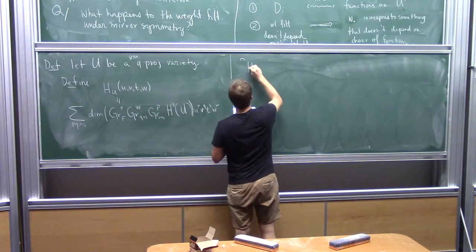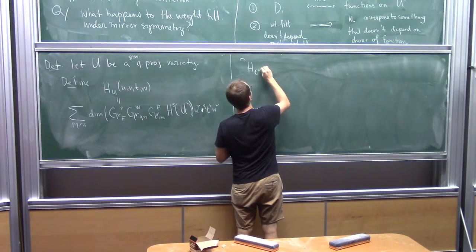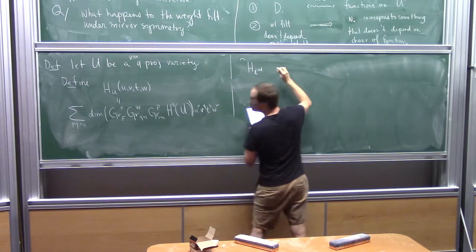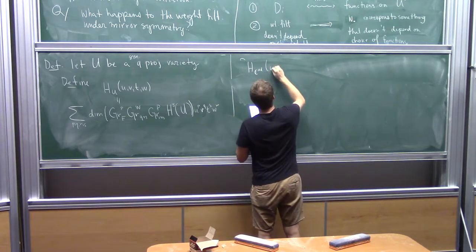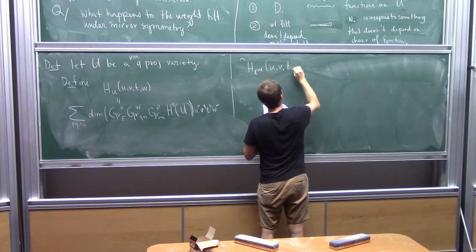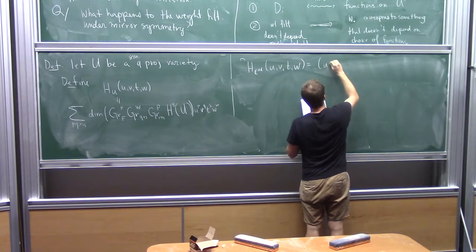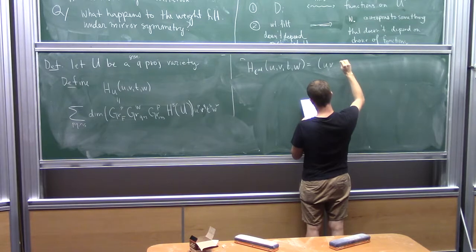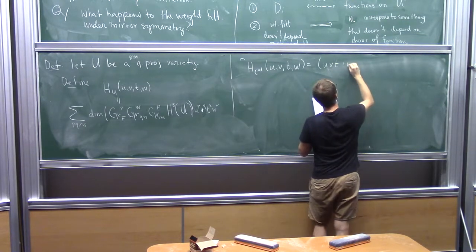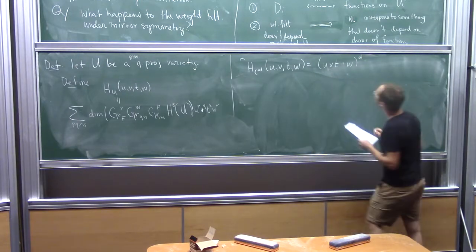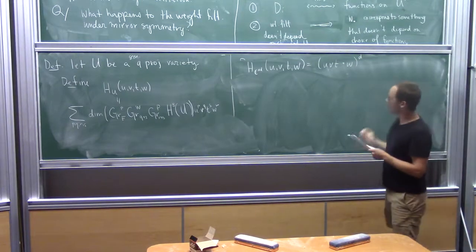So H of C star, let's say D actually, of U, V, T, W is equal to U, V, T plus W to the D. Okay, you can just do this computation.